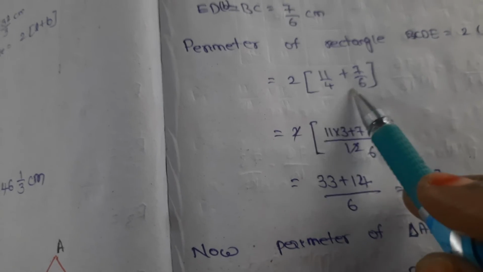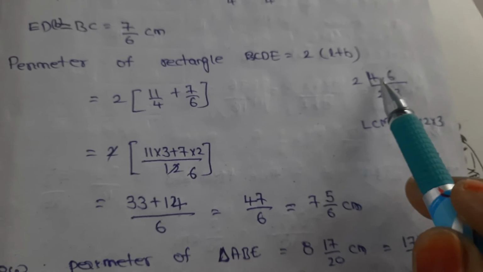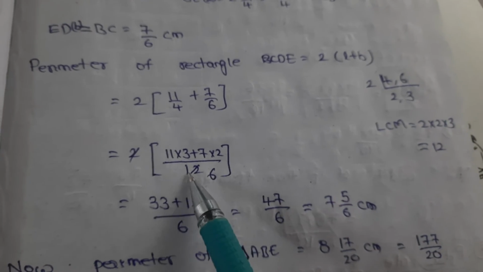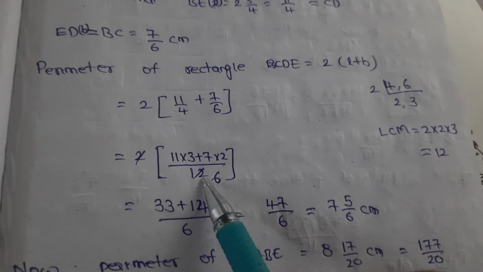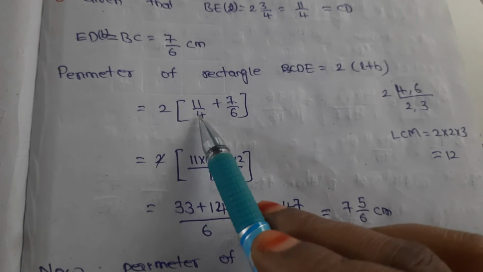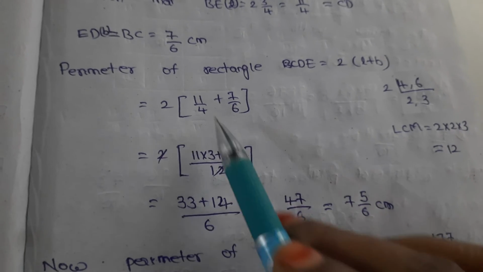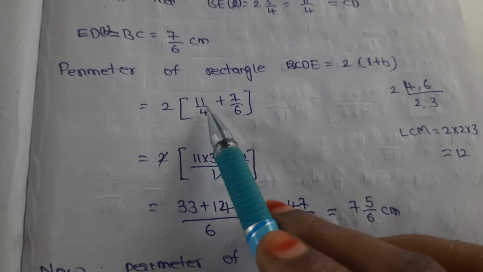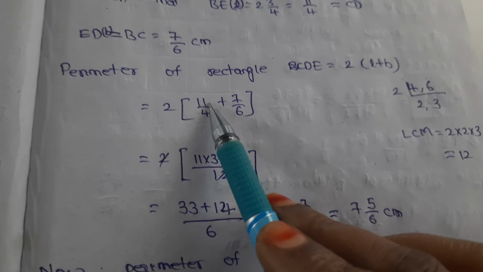Next, take the LCM of denominators. The LCM of 4, 6 is nothing but 12. Let me take the LCM as the denominator. So we are going to change numerator and denominator. Here the denominator should be equal to LCM by multiplying it with 3. So we simply multiply numerator with 3.